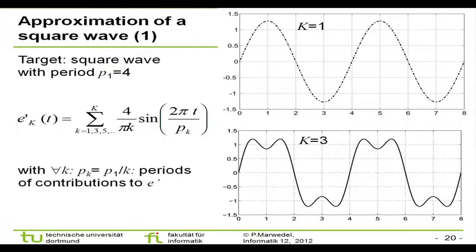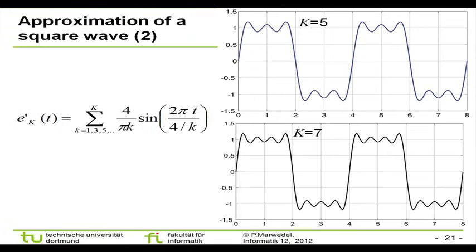If I make k equal to 5, the same equation yields this with a period 4. As k is 7, again the period is 4, gradually I am approaching a square wave, that was my intention.